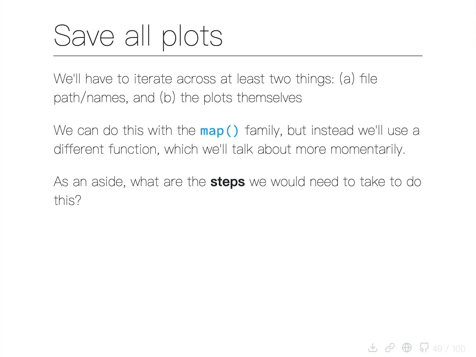What would be the first step that we would do after we've created all our plots to actually save each of them to a directory? What would be the first thing that you would do? You could create a directory.